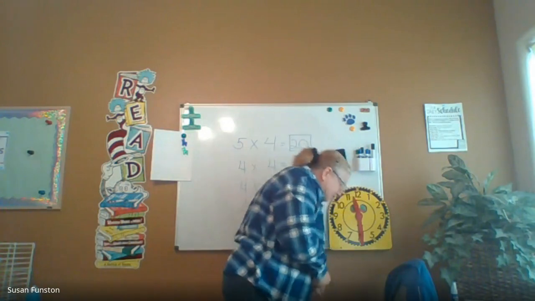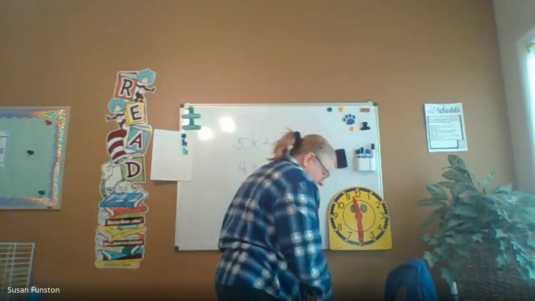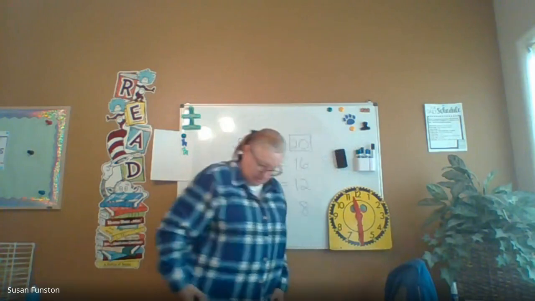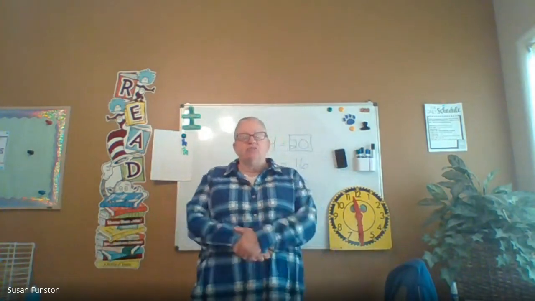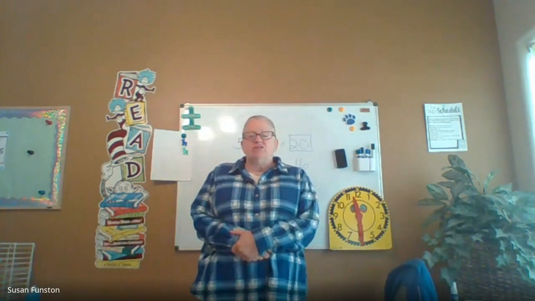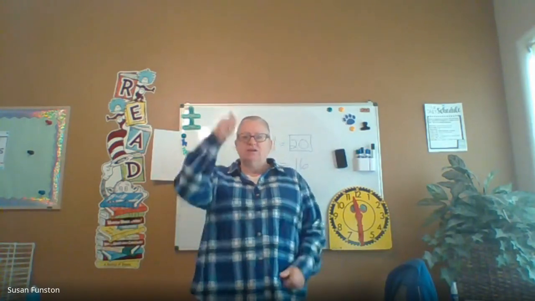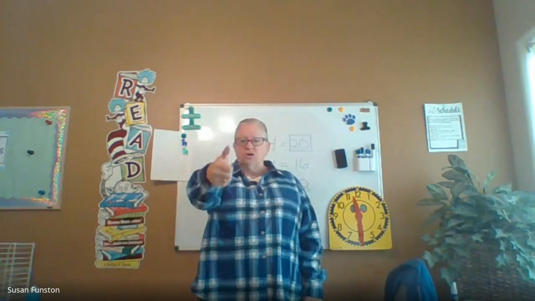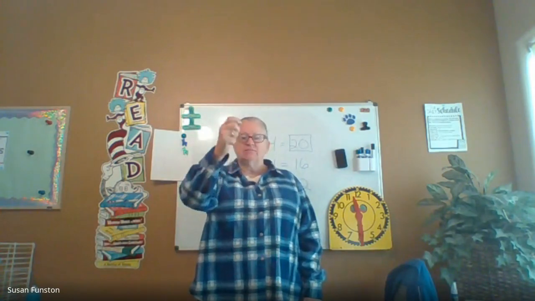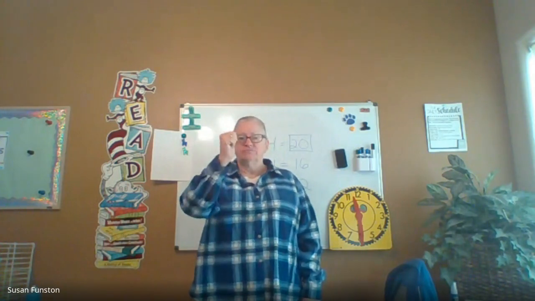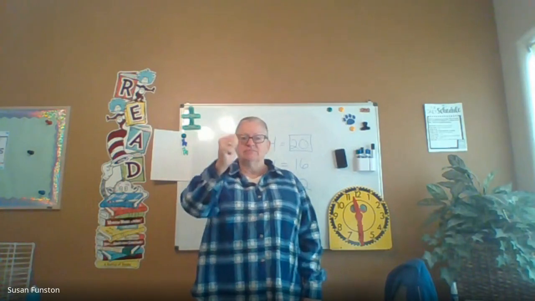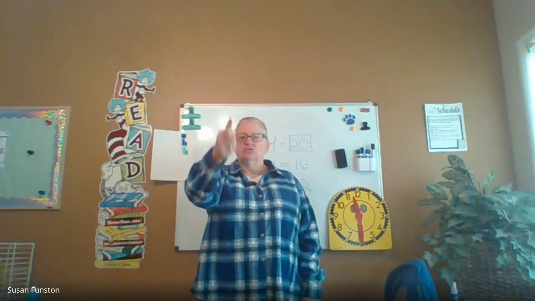All right, let's do a little group counting by 2s. You are getting really good at this, so let's go ahead and do it pretty quickly. Let's count by 2s. Ready? Go. 2, 4, 6, 8, 10, 12, 14, 16, 18, 20.